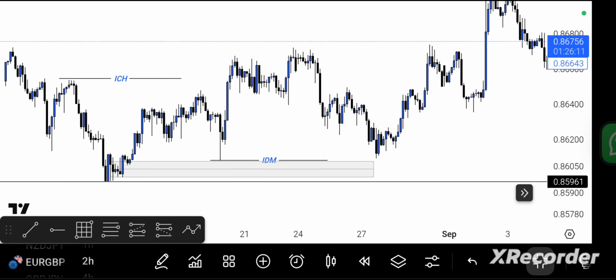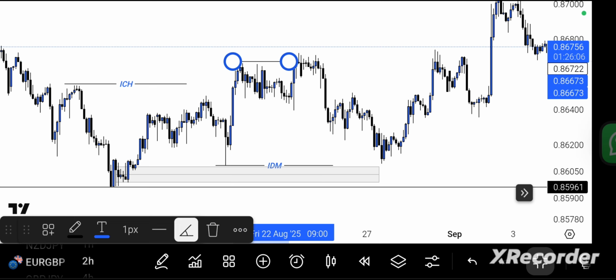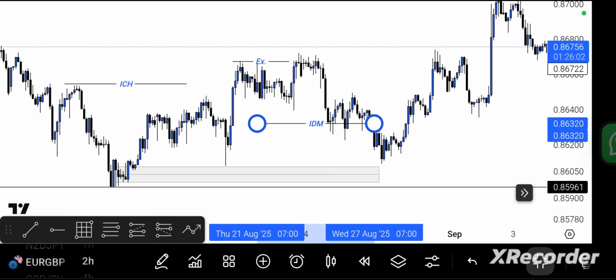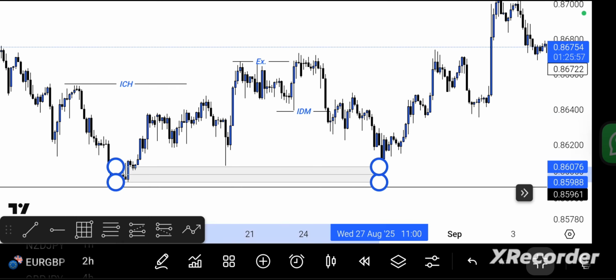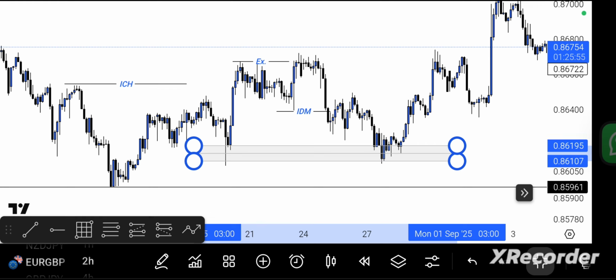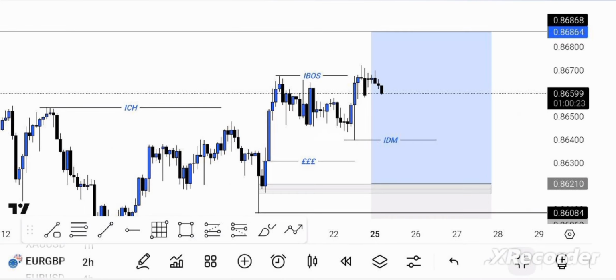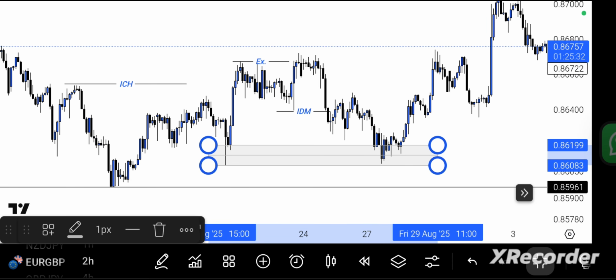The market then went ahead to give us an extension, meaning our inducement shifts all the way to this point. Then this becomes a potential point of interest for us. This is the trade setup right here, but I deleted it, so I didn't participate in the trade. But that is it.